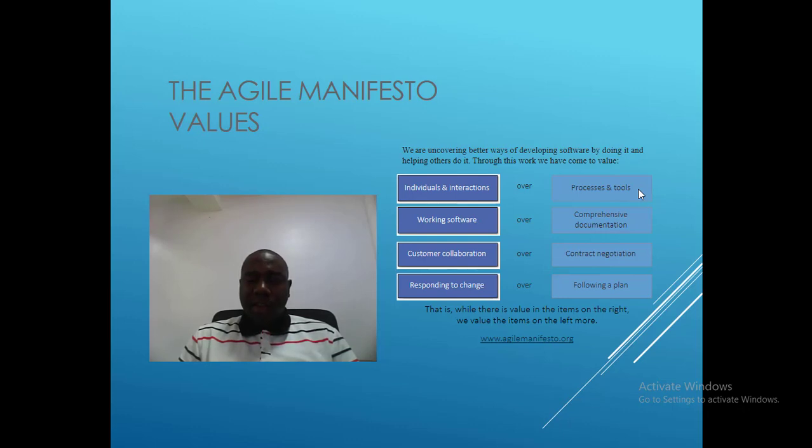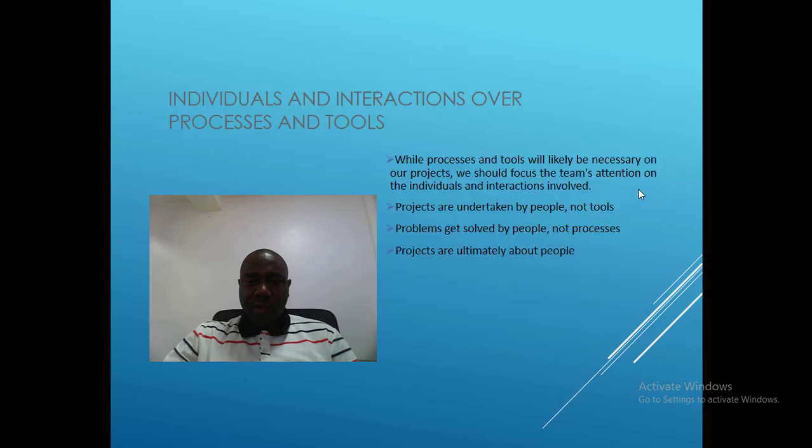And there's a caveat which says that, while there is value in the items on the right, we value the items on the left more.